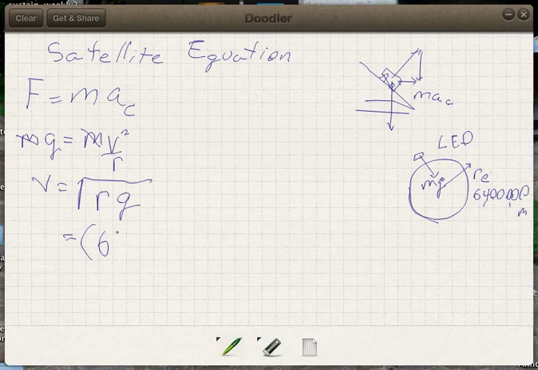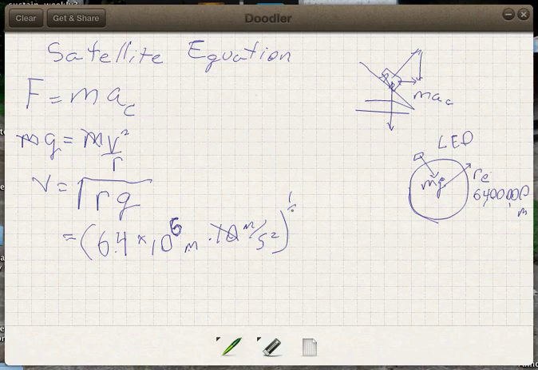That's 6,400, that's 64 times 10 to the 5th meters, times gravity, which is just another 10 meters per second squared. So we can cancel this and make this 10 to the 6th, and this is meters squared per second squared.